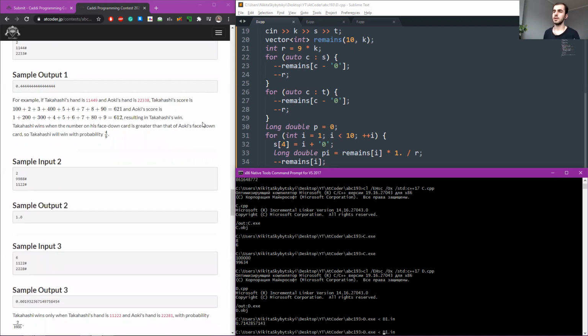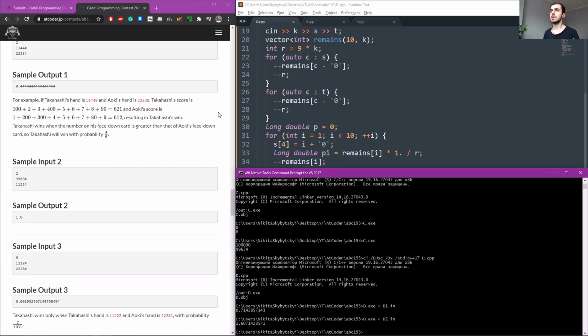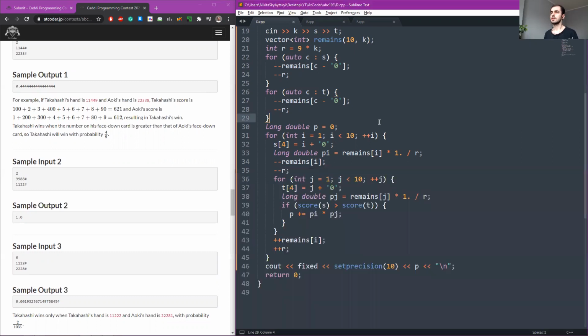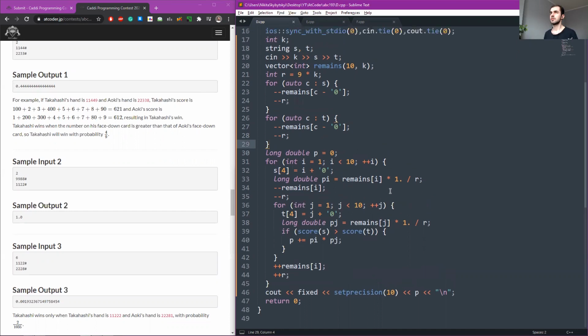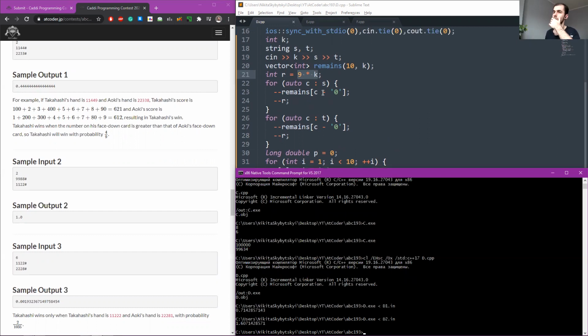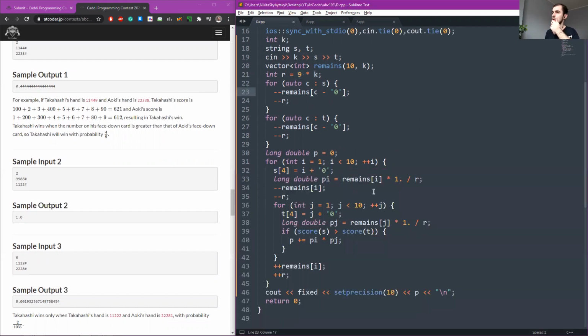Okay, let's see how. Well, that's clearly not correct. For some reason, probability gets higher than 1, which is clearly wrong.